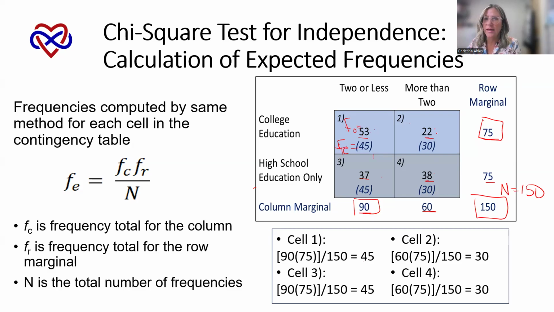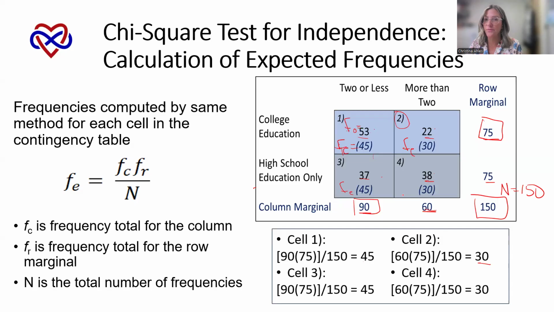Same thing with the second cell here: I'm going to look down here at 60 times 75, because you're just lining it up, and then divided by 150. So for cell 2, that's our expected frequency, F of E. You do that for each cell.